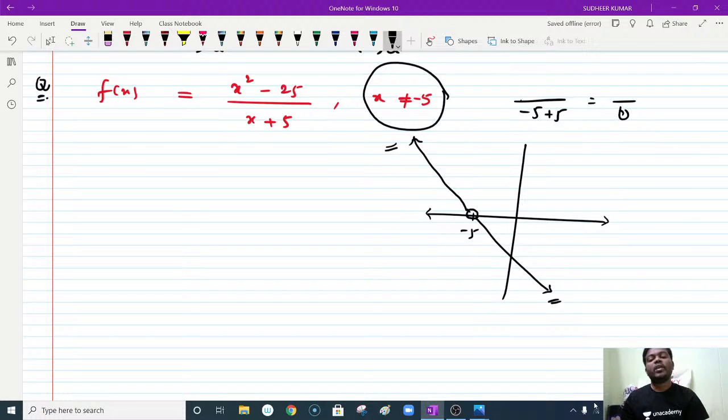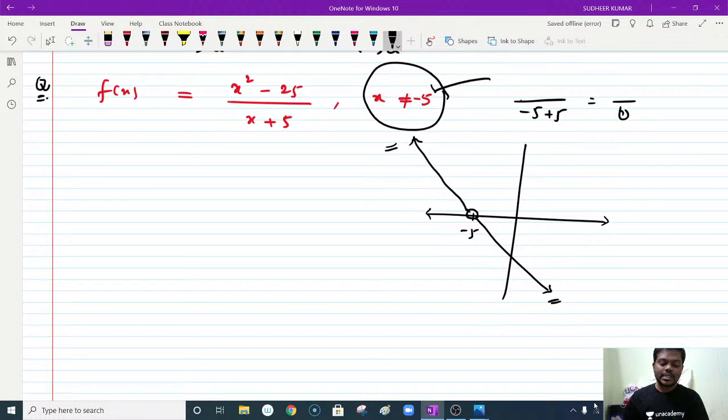Usually, we will say that it is a discontinuous function, discontinuous at x equal to minus 5. But is it discontinuous at x equal to minus 5? We should see that it's not discontinuous at x equal to minus 5 because the condition is given. We need not check at x equal to minus 5. That means except minus 5, we should verify that the given function is continuous or not.